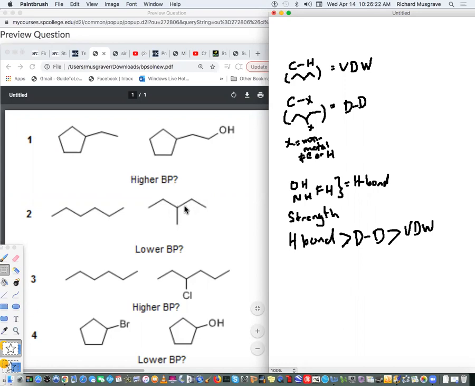This one is the branch one because it's got the carbon coming off here. The question is which one has the lower boiling point? Well, the thing with the straight chain versus the branch chain is the one with the lower boiling point will be the one that has less surface contact. That'll be the one with the branch chain. So the answer is going to be this one, the one on the right, for lower boiling point. Does anybody have any questions about that?